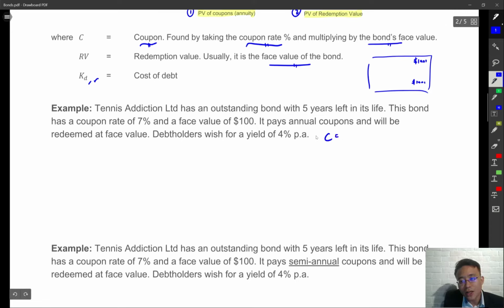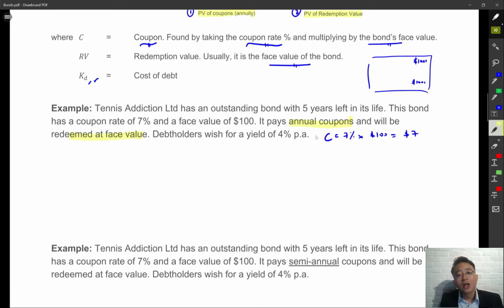Would you agree that the coupon then is 7% times the face value of 100? Therefore, the interest payment at every interval is $7. Now, what is the interval like? It pays annual coupons, and at maturity, you would redeem the bond at face value.